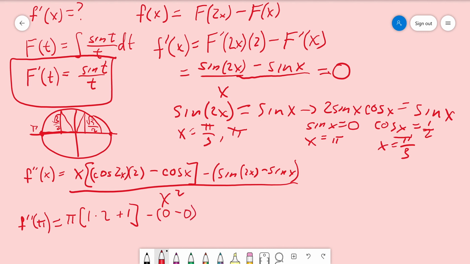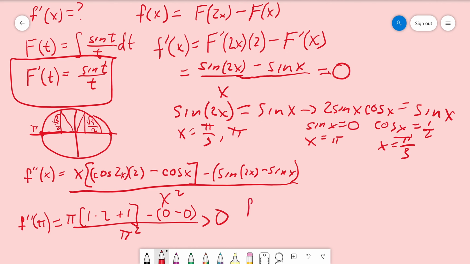And then on the bottom it's going to be pi squared. So this is going to be a positive number. So right away we know that at pi we're going to have a local minimum, which means that's not the answer, and we can eliminate it and just select pi over 3 as the answer.